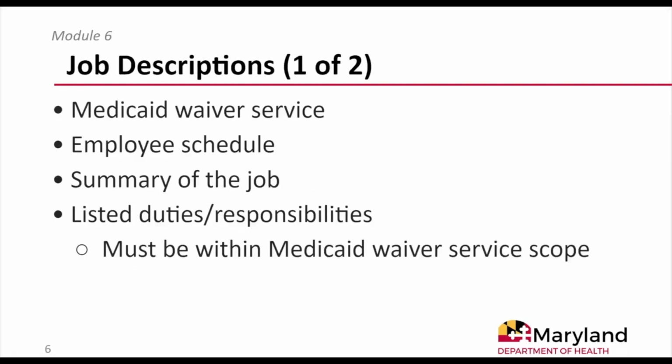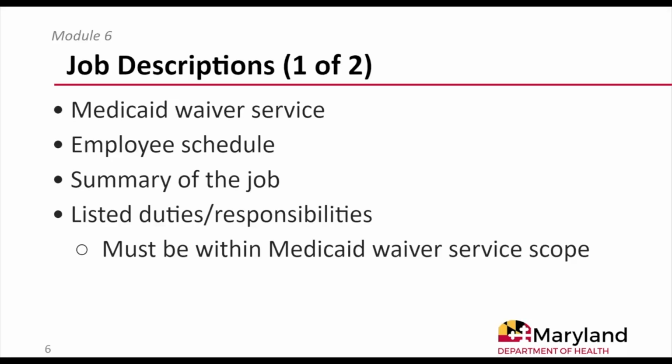Each job position should also have a written job description. Job descriptions are a detailed description of the job. Just like positions, job descriptions are written to clearly describe what the person needs, not what a specific employee can provide. When job descriptions are detailed and specific, participant employers are more successful in finding employees that will meet their needs.